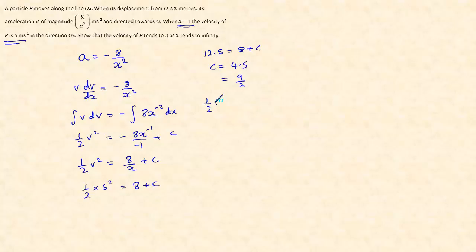So a half v squared is equal to 8 over x plus 9 over 2, which gives us that v squared is equal to 16 over x plus 9.